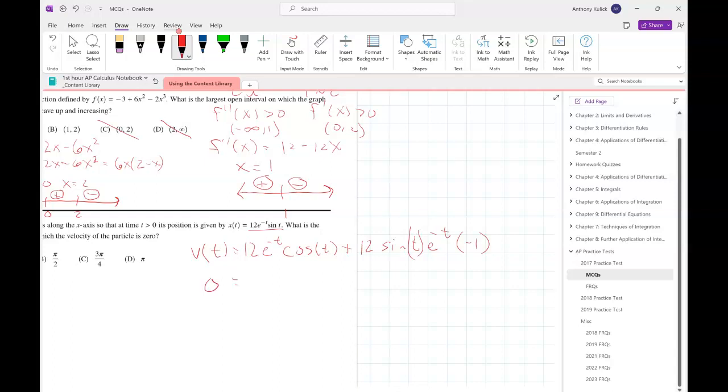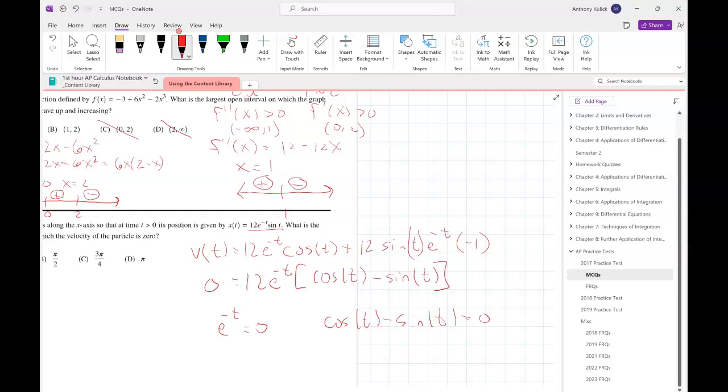So we're looking for where the velocity is 0. To solve this, I'm going to factor. I notice both terms have a 12 e to the negative t. So I'm going to apply the zero product property and separate the two parts with the variables.